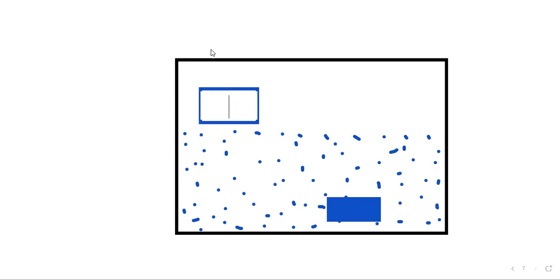The reason is, suppose the density of water is 1. For water, the density is 1, meaning mass per unit volume is 1 for water. Now calculate the mass per unit volume for this box.